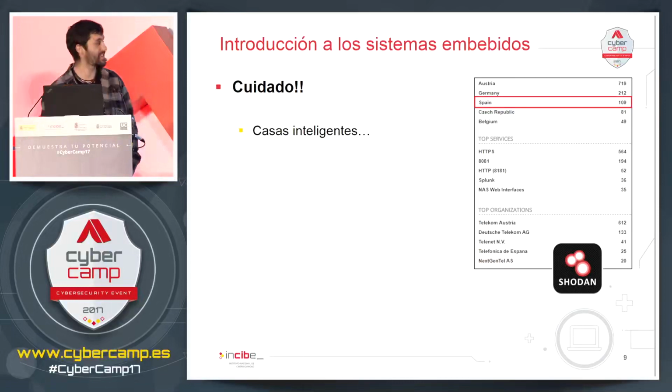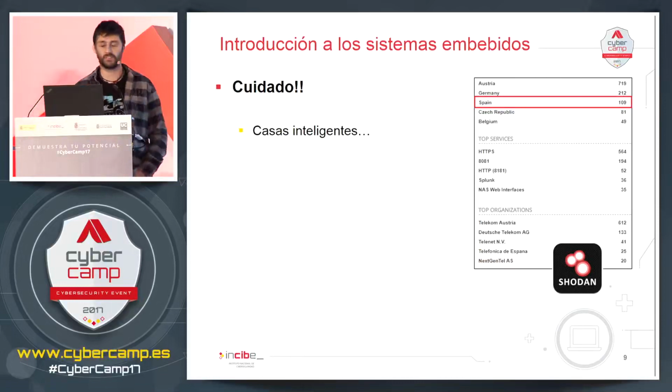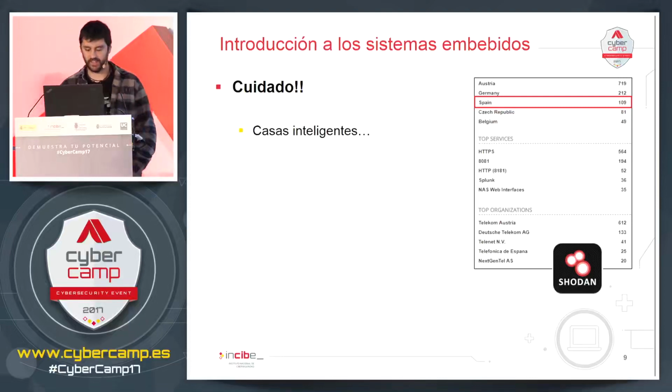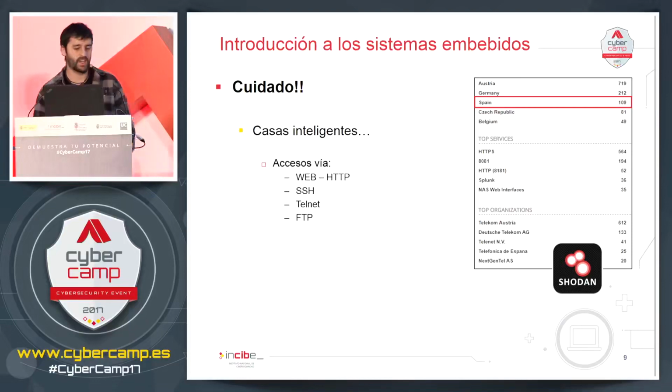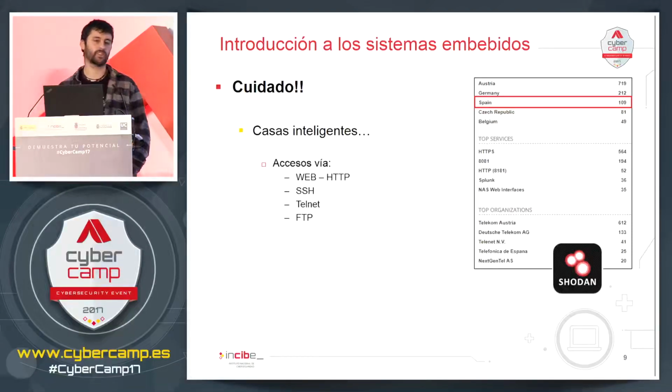And something that's very interesting is also smart houses, smart fridges, smart everything. And that's somehow dangerous, because some of these devices have web access through HTTP without any security certificate, or the communication is not encrypted.